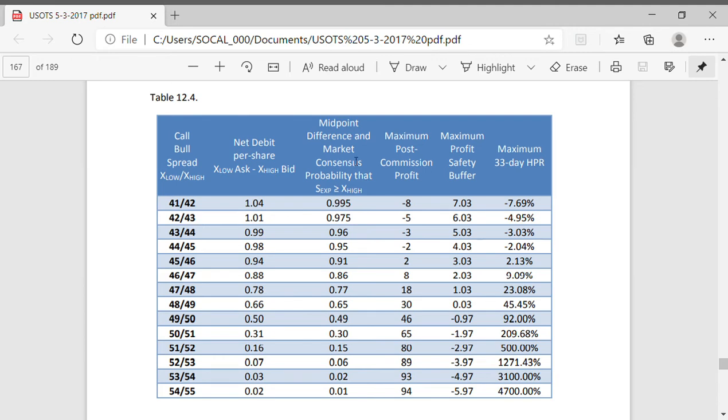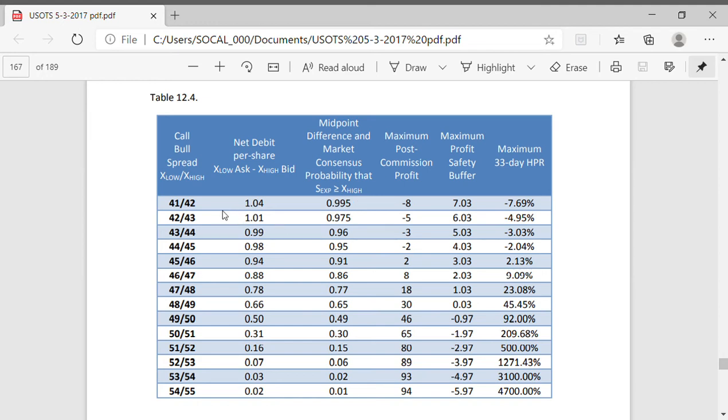So when I use the midpoint of the bid and the ask for the 41, and then calculate the midpoint of the bid and the ask for the 42, and then I assume I buy the 41 at the midpoint and write the 42 at its midpoint, then it would cost me 99.5 cents. Pretend that's possible.